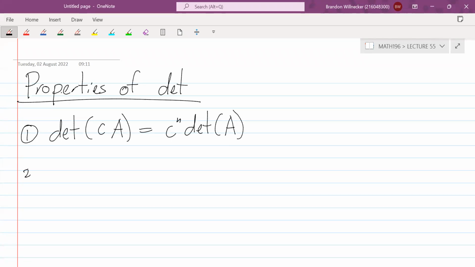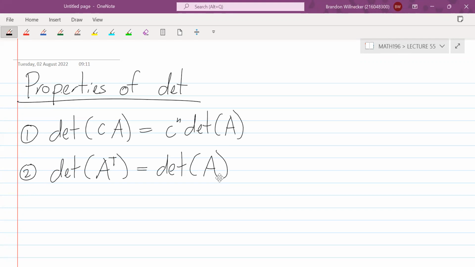Okay, number two, if you have the determinant of A transpose, this is the same thing as the determinant of A. Okay, so transposition doesn't affect the determinant.